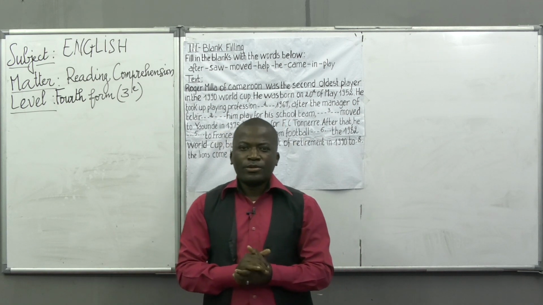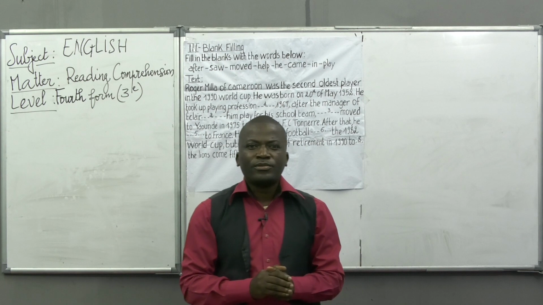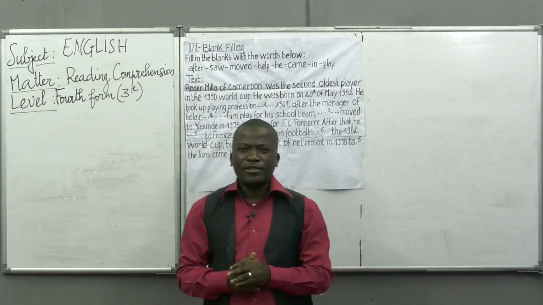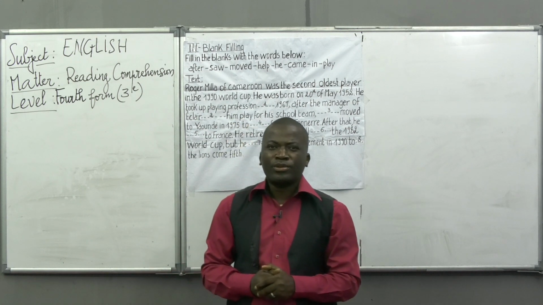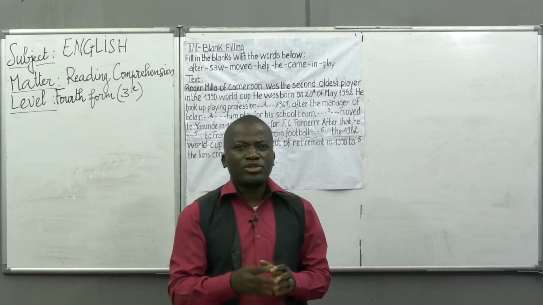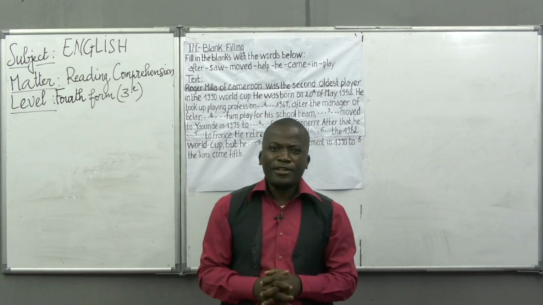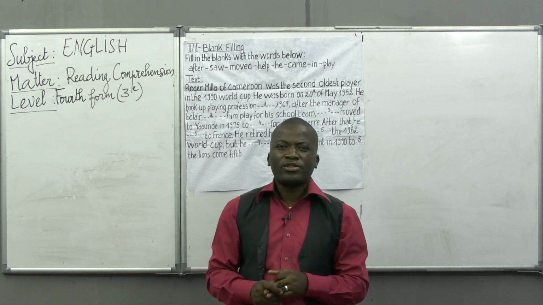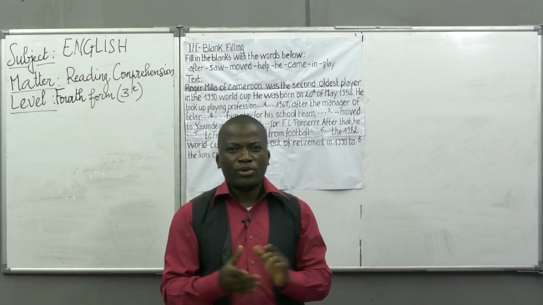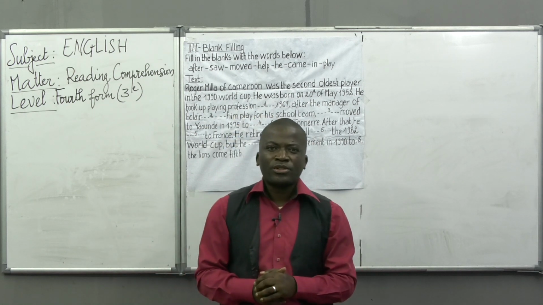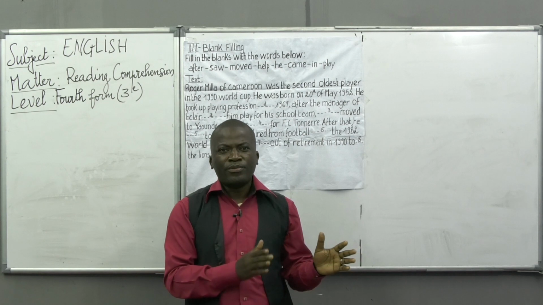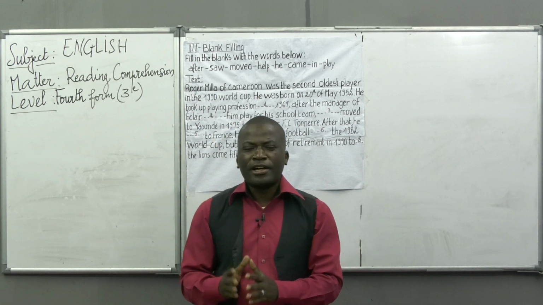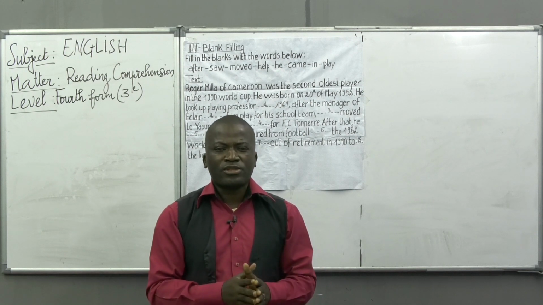Good. Remember, class, that last time we studied reading comprehension. During that reading comprehension, we dealt with two kinds of exercises: true-false exercise and WH question exercise. Already done. Now, today, class, we're going to continue the remaining exercises: blank filling and guided writing exercise.